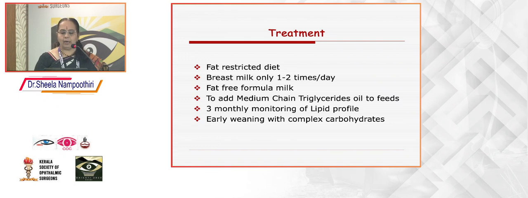We will also add medium chain triglycerides into feeds, because this will directly get absorbed into portal circulation and will not form chylomicrons. That is why we are substituting it, because we can't stop all the fat from the diet. Once every 3 months we monitor these babies, and early weaning with complex carbohydrates is the mode we follow.